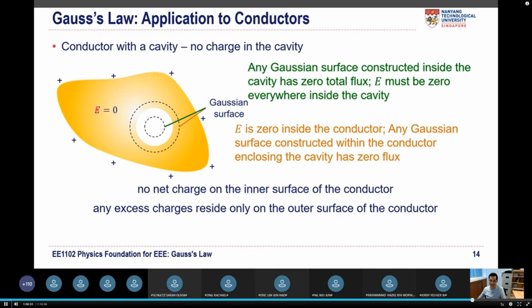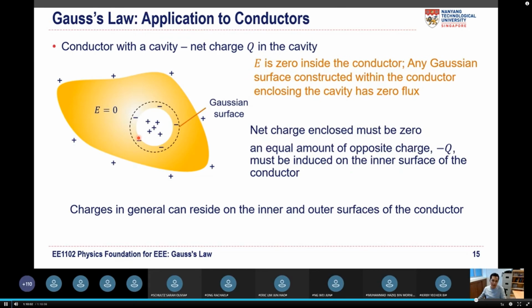So if we had any excess charge in this conductor, it will all be residing on the outer surface, because remember, any net charge in a conductor will be residing on the surface. Here we have an inner surface and an outer surface, and when we don't have any charge inside the cavity, there's not going to be any charge accumulating on the inner surface, but all the net charge is going to go to the outer surface and be accumulated there.